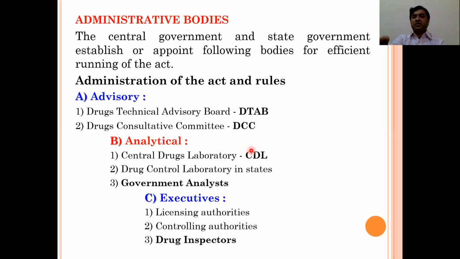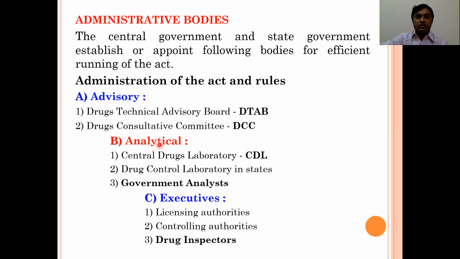Coming to administrative bodies, in the Drugs and Cosmetics Act, the central government and state government establish or appoint the following bodies for efficient running of the Act. The administration of the Act and rules is divided into three categories: Advisory, Analytical and Executive. The Advisory Committee consists of DTAB and DCC.